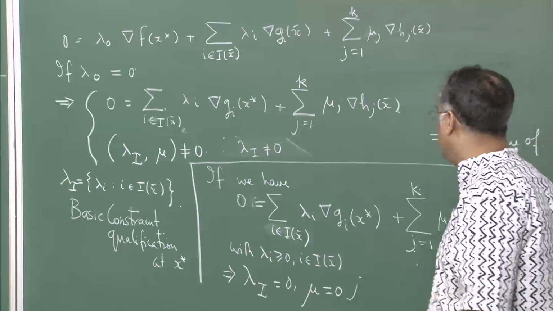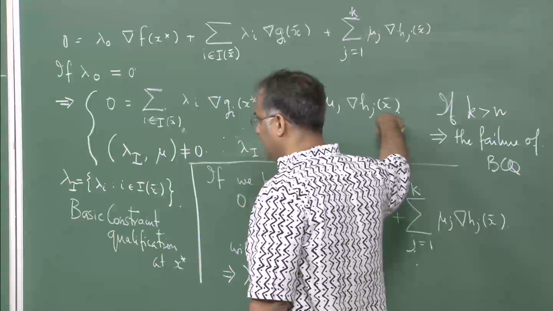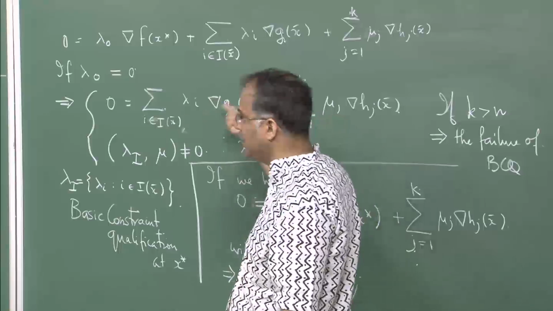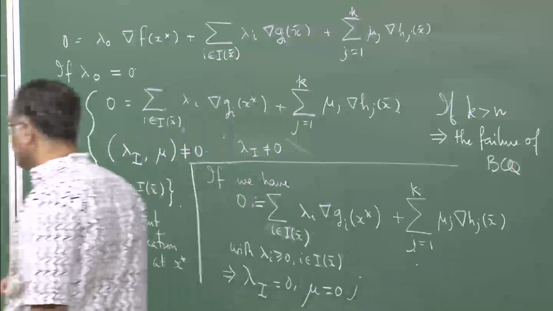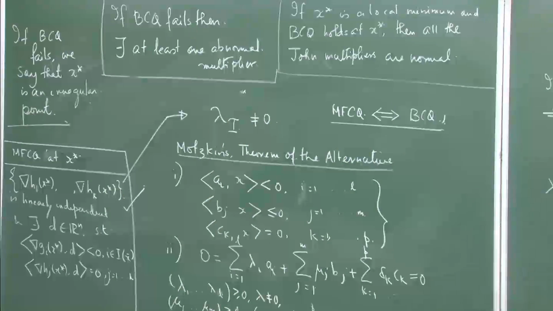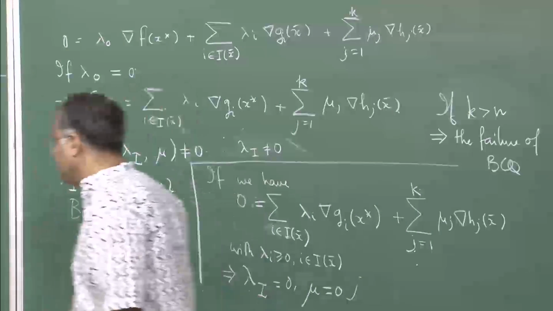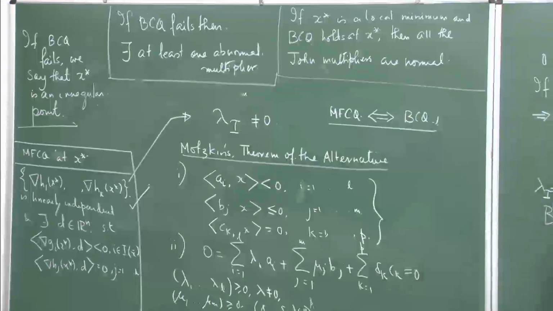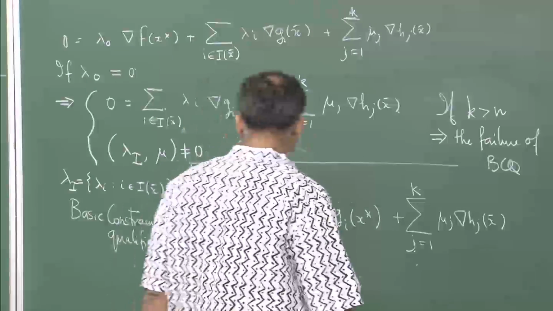And MFCQ holding, we have already assumed that this is linearly independent, because if this is linearly dependent, then this system anyway has a solution. So, linear independence first has to be given, because if linear dependence is there on this, then BCQ anyway will always fail. So, this plus this shows that BCQ will hold if Mangasarian MFCQ holds.